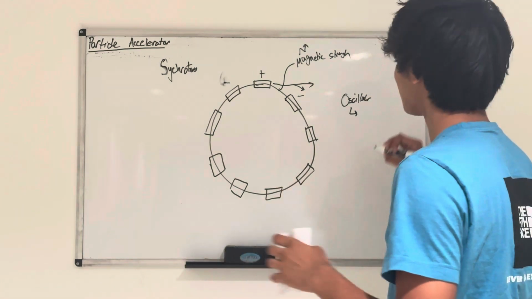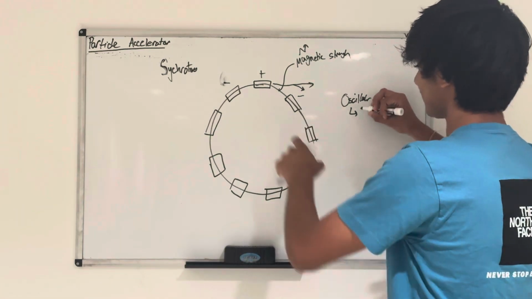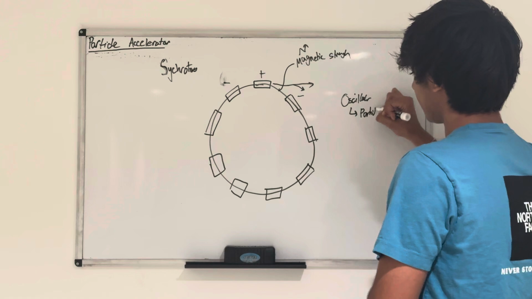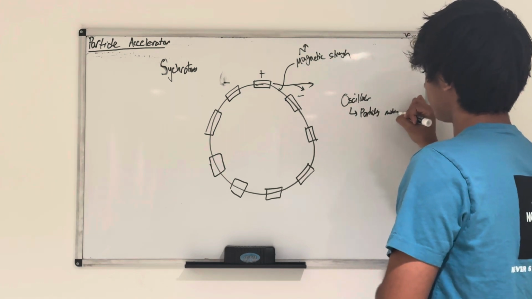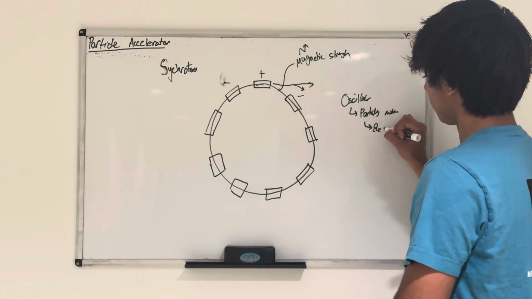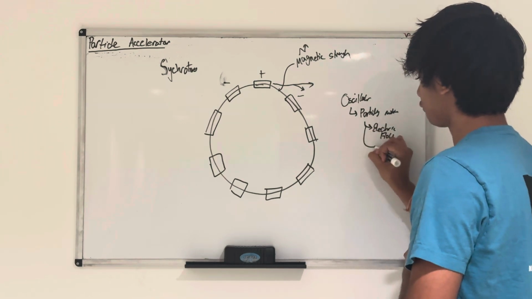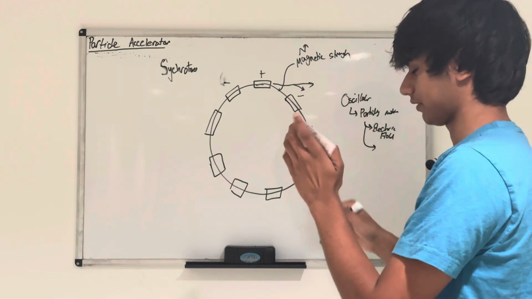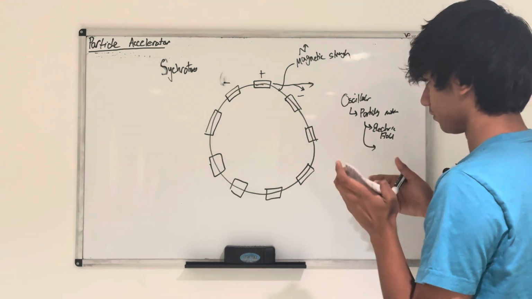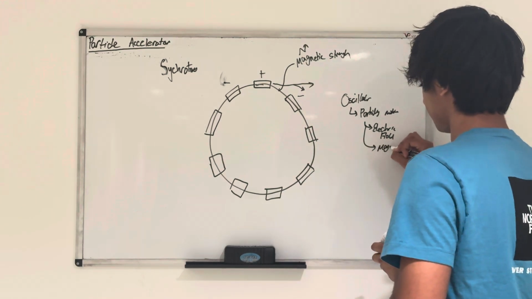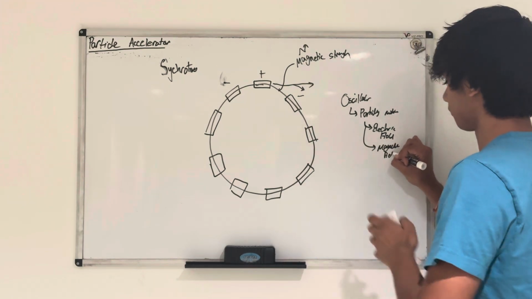I guess another way of saying it, with the particle's motion and the electric field and the magnetic field, which I guess is why they call it synchrotrons, because they have to be super synchronized with the charged particle.